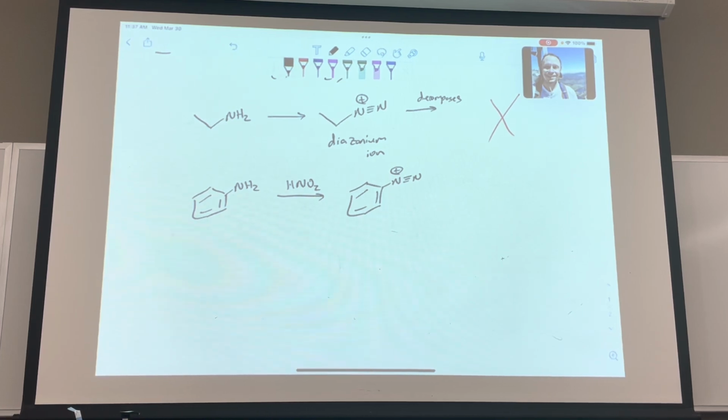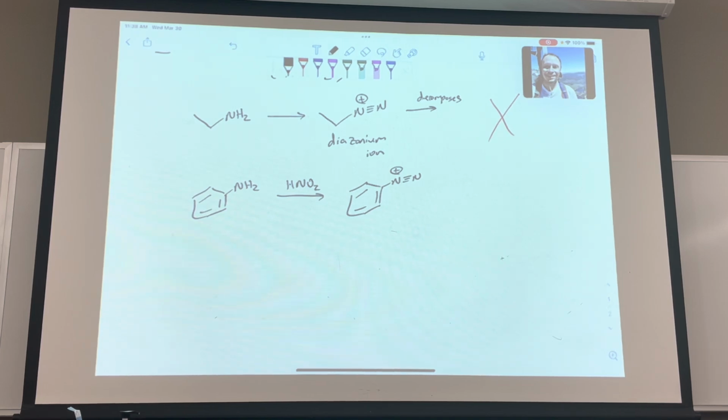You can draw resonance forms where the electrons of the benzene ring get pushed into the nitrogen and help to stabilize it. So granted, you're not going to be able to bottle these and store them for months on end, but you can form them and they will last long enough to where you can do chemistry with them. And that's what we did in lab on Monday, right?